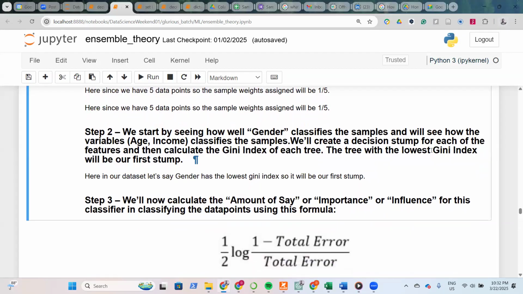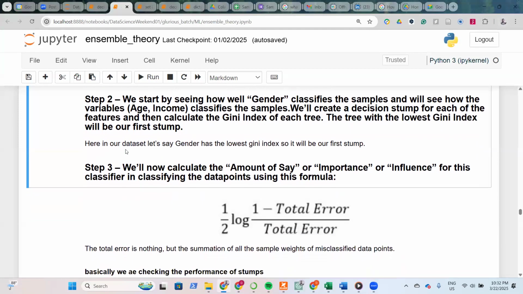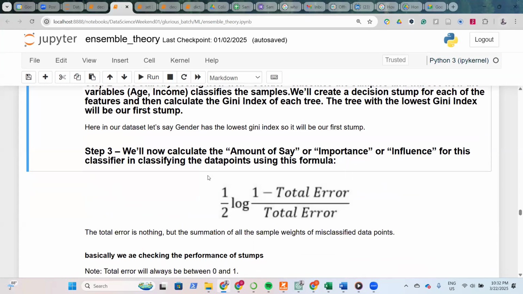We'll create a decision stump for each of the features and then calculate the Gini index of each tree. The tree with the lowest Gini index will be our first stump. Here in our data set, let's say gender has the lowest Gini index, so it will be our first stump.